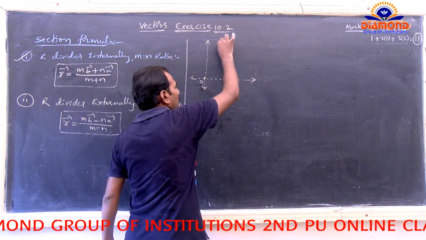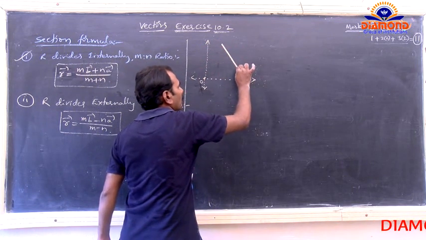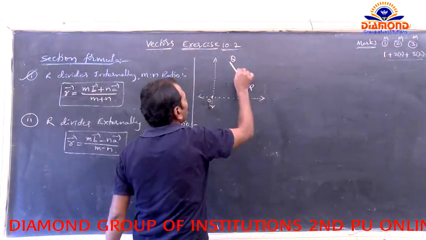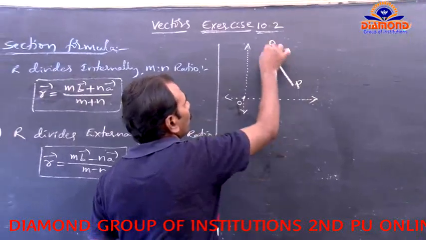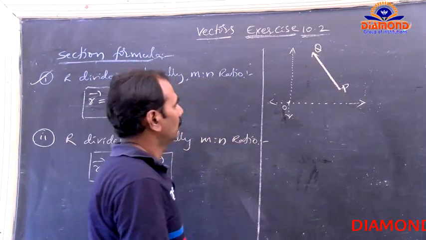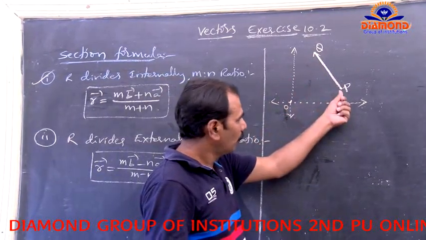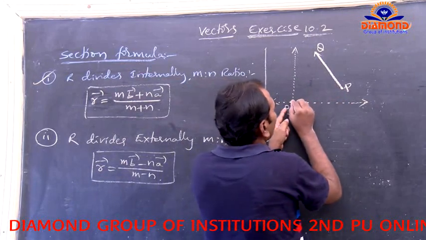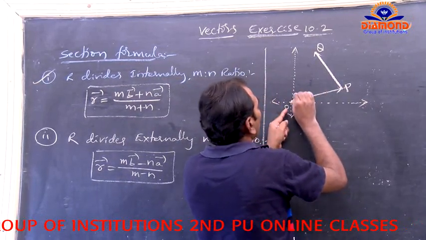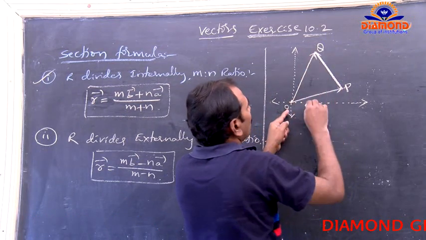So this is the vector PQ. This is P, this is Q. P is a point, Q is another point. So OP is a position vector, and OQ is also a position vector.